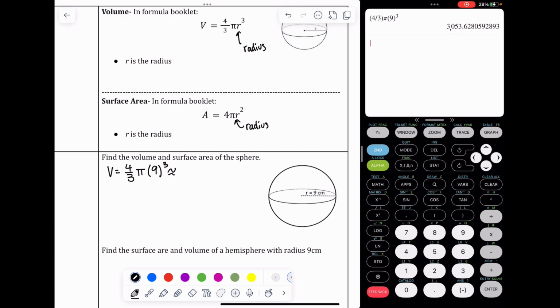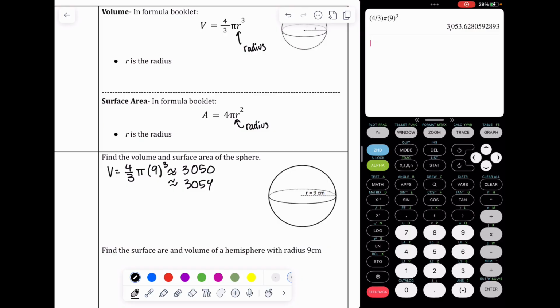So our volume here is equal to, if we're rounding to 3 sig figs, just 3,050. It is completely fine if you also were to write out 3,054. That would be good too. You are able to be more specific in problems where it doesn't specifically say how much you would need to round to.